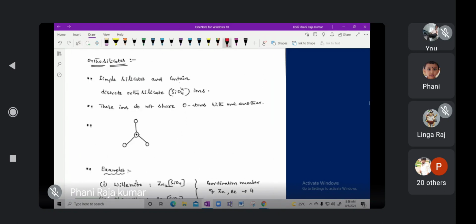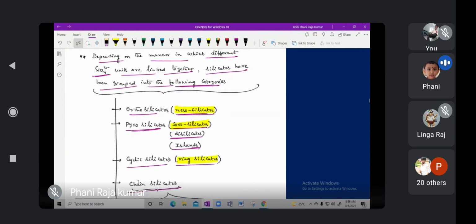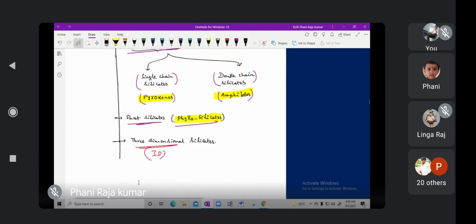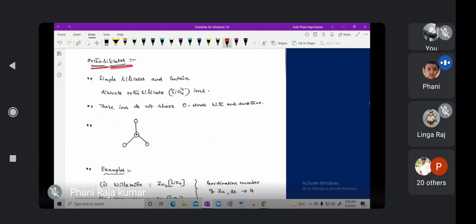Orthosilicates, also called nesosilicates. What type of silicates are called orthosilicates? Simple silicates containing only discrete orthosilicate ions. What is the meaning of discrete orthosilicate ion? No sharing at all.